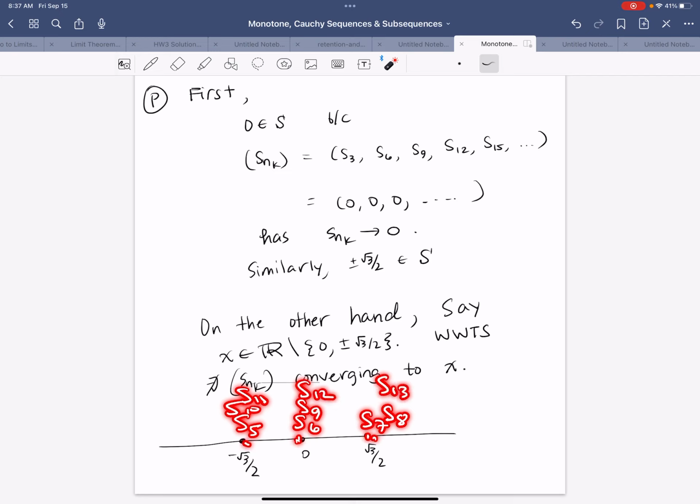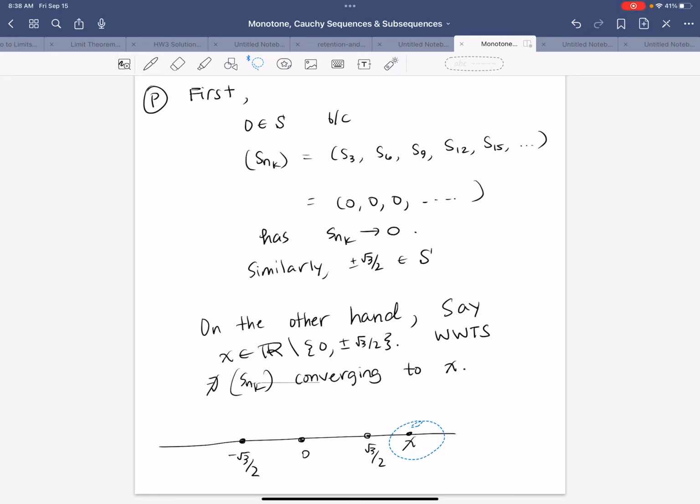So we're just kind of hopping back and forth between these three. So I would say fix X. Suppose you have a point X, and it's not one of these three numbers. Maybe X is over here, right?